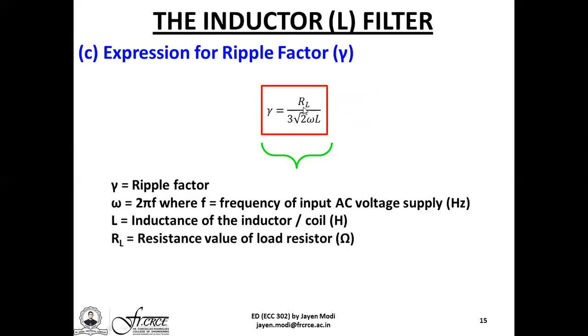This tells us that for gamma to be as low as possible, the value of the load should also be very, very less, meaning that inductors can only work for loads that are extremely light or whose values are very, very small. Because finally, the goal is to keep the ripple factor as low as possible. Ideally, its value should be equal to 0.